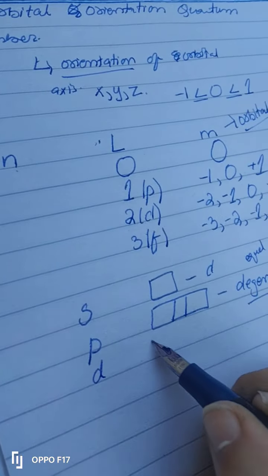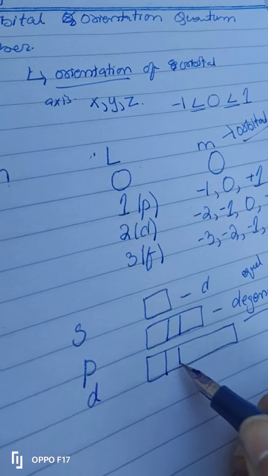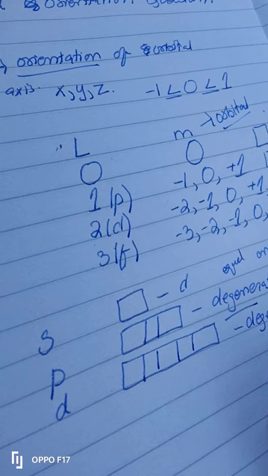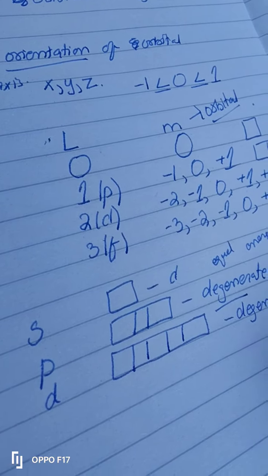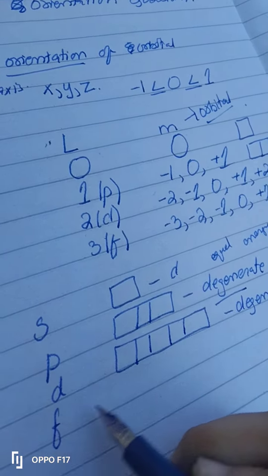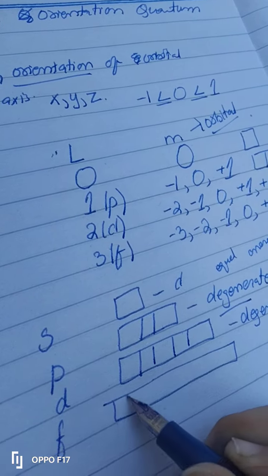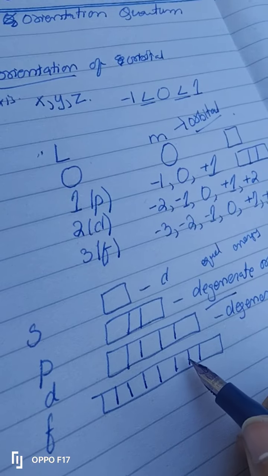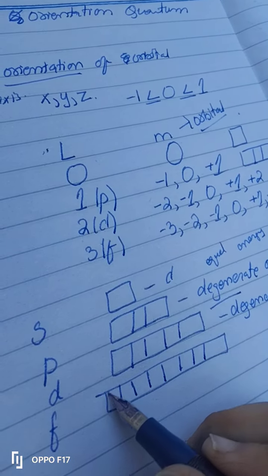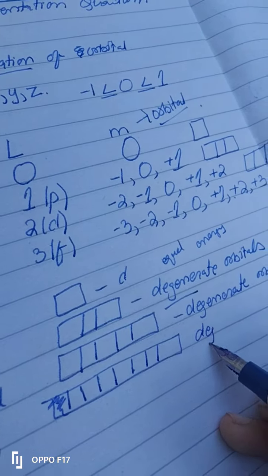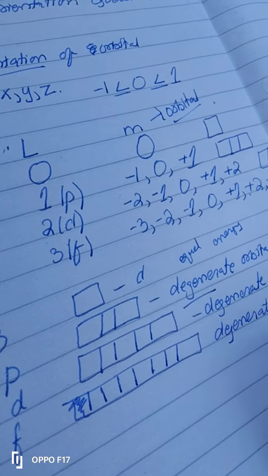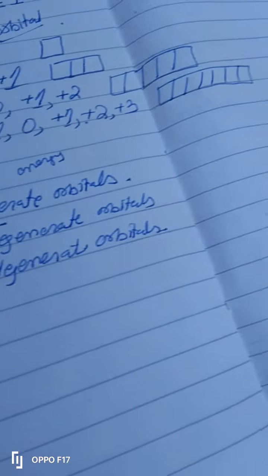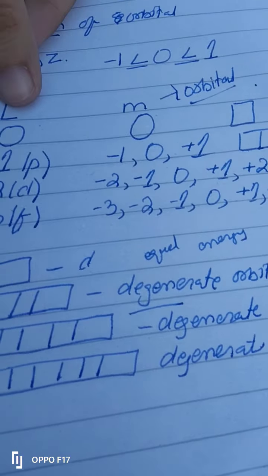Now we are having D, it is having 5 degenerate orbitals, right? F is having 7 degenerate orbitals. So it tells you how many orbitals will come in a subshell.